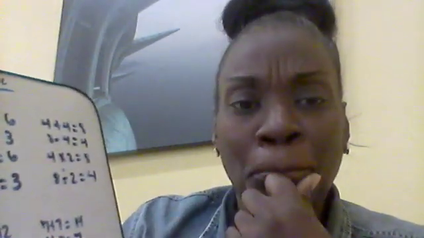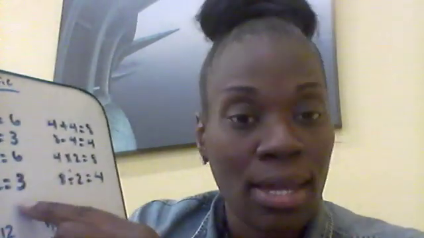Now, if it takes two 3s to make 6, 6 divided by 2 must be 3, because what number do I need 2 of to get 6? 3.